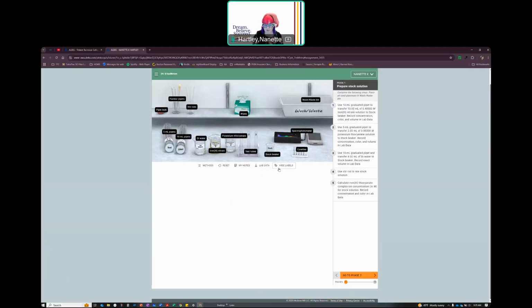The instructions tell me exactly what to do: use a 10 milliliter graduated pipette to transfer 10 mL of the 0.40000 molar iron(III) nitrate to the stock beakers. I take one of these, put it into this solution right here, select the 10, pick this up, put it into the stock, and then put that into the waste. And I record that in my lab data.